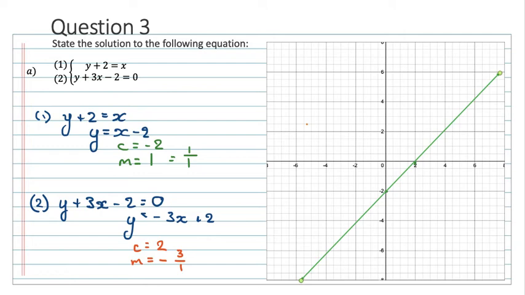So getting my orange pen, I'm going to find 2 on the axis, just here, and then I'm going to do a gradient of 1 over 1. Whoops, wrong one. So I should be in the orange one. So I find the value of 2, and then it's -3 over 1. So I'm going to go down 3. 1, 2, 3, and then across 1. So just here. Then I'm going to get a line and draw a line through those 2 points.